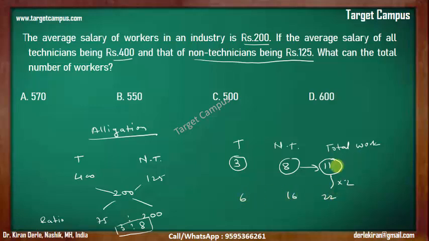We want the total workers to be a multiple of 11 only, right? Total workers must be a multiple of 11, then only this will hold true, otherwise it will not be an integer. So our answer should be a multiple of 11. This is not a multiple of 11, this is a multiple of 11, this is not, and this is also not. So this is our answer choice.